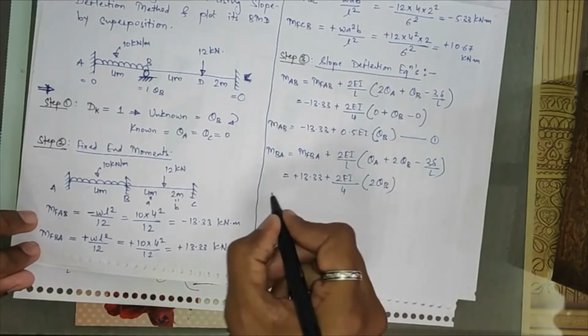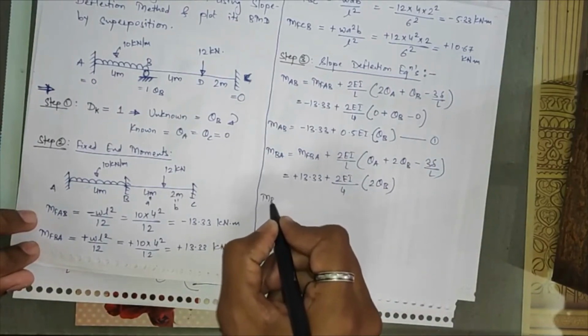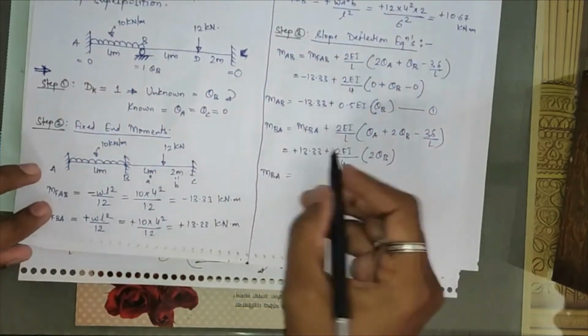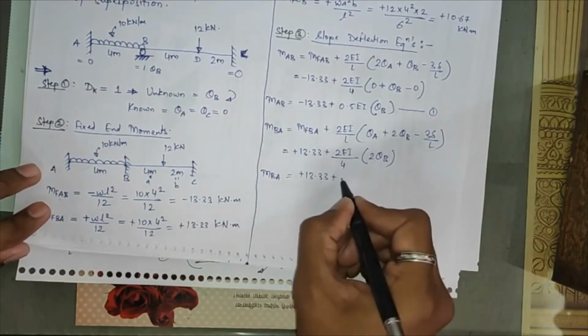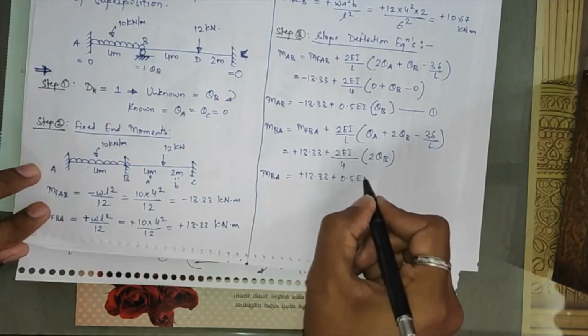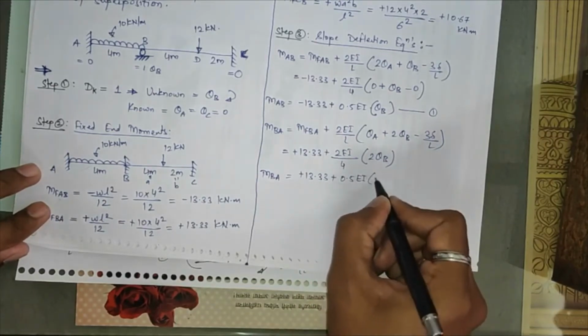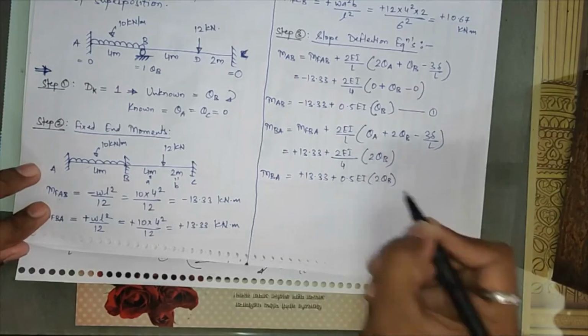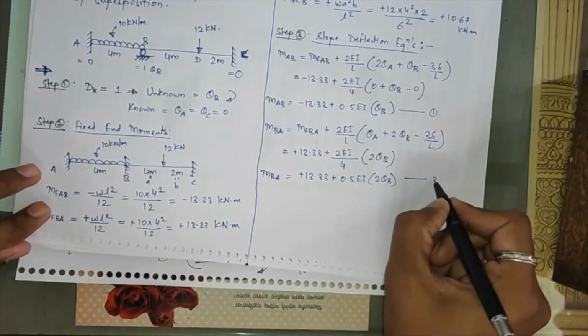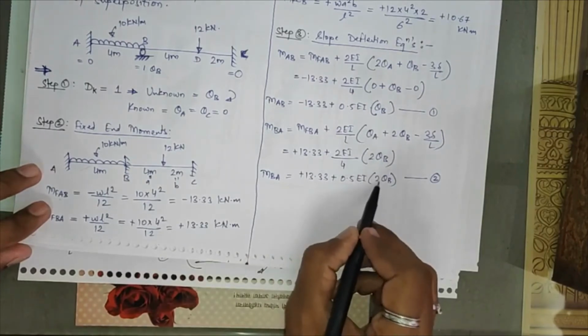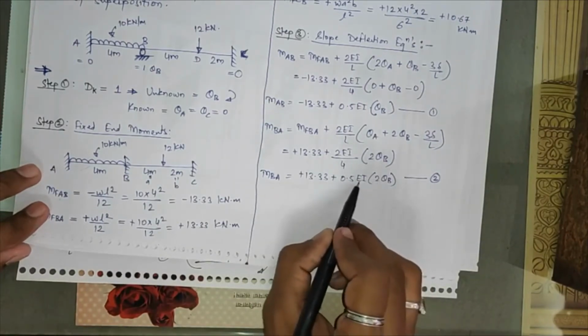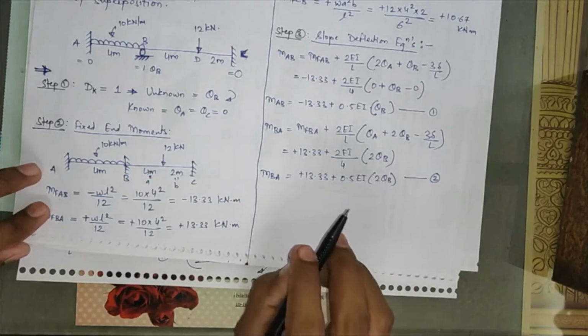So if you modify this, what I'll get? MBA is equal to plus 13.33 plus 2 by 4, that comes equal to 0.5 times of EI into 2 times of theta B. This I'll call as equation number 2. You can further also modify this, that is 0.5 into 2, that becomes 1. So here what will remain? EI into just theta B will remain.